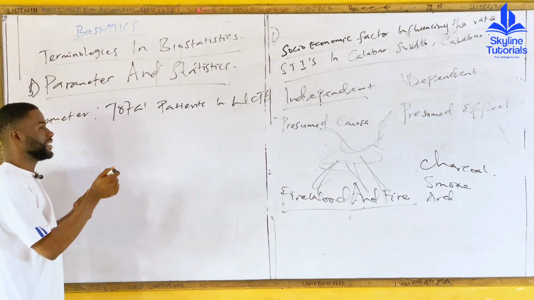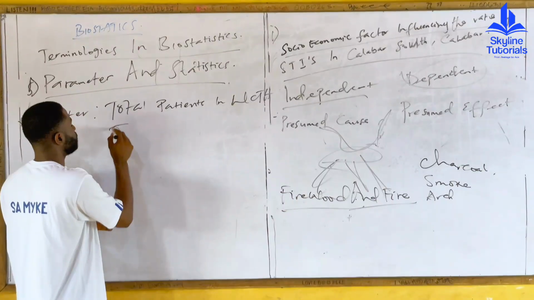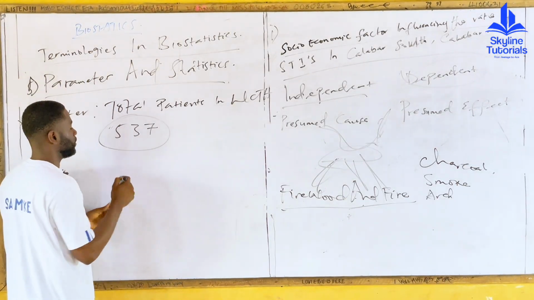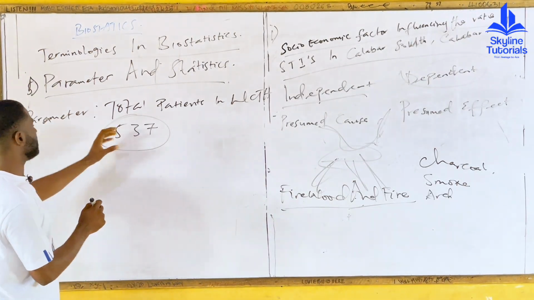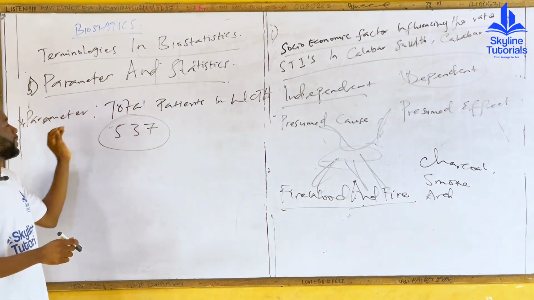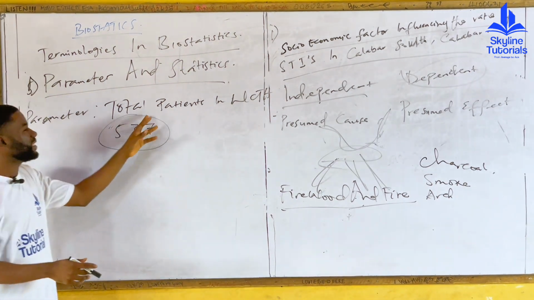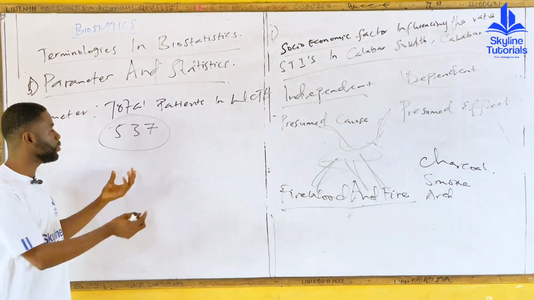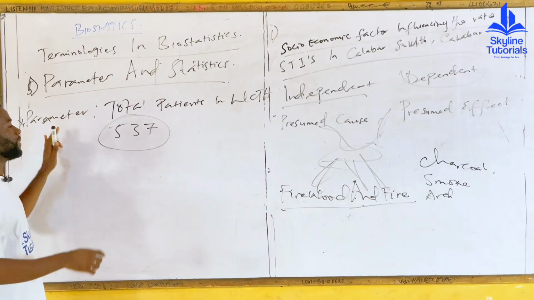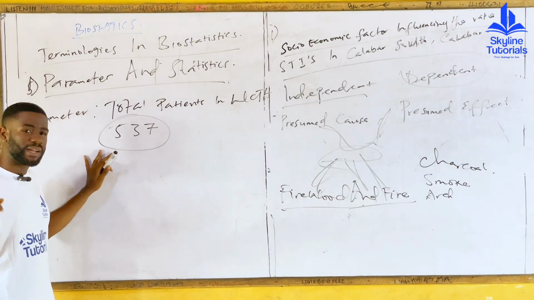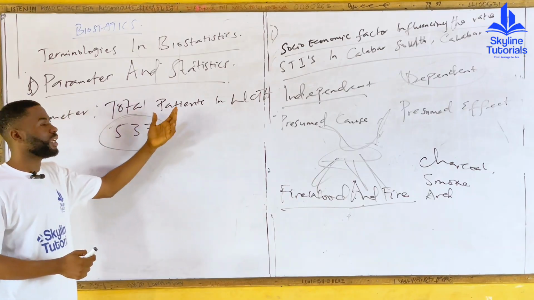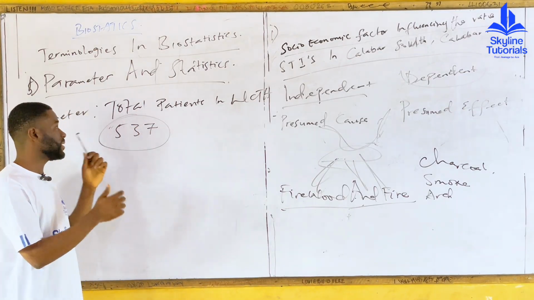That's a parameter. Let's say they are 537. That's the value, or that's the parameter here. Since my population is the total patients here and the value is 537, it is referred to as the parameter. Parameters are simply numerical. So the number attributed to a population is the parameter.